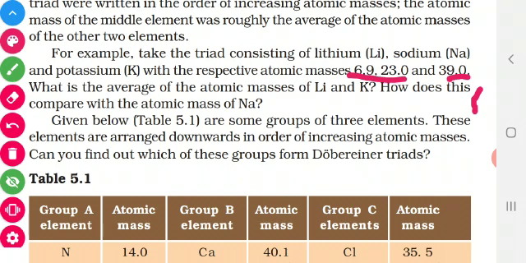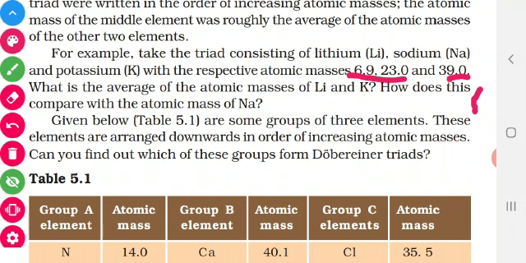Now, how to calculate the average? You have read in maths, no? How to calculate the average atomic mass of lithium and potassium. So how to do? Take a pencil and write in your note: 6.9 plus 39.